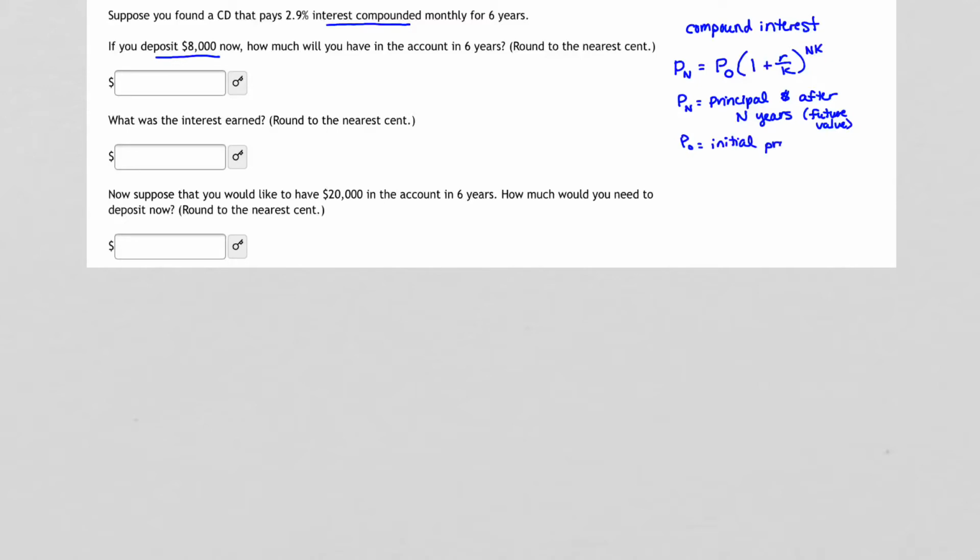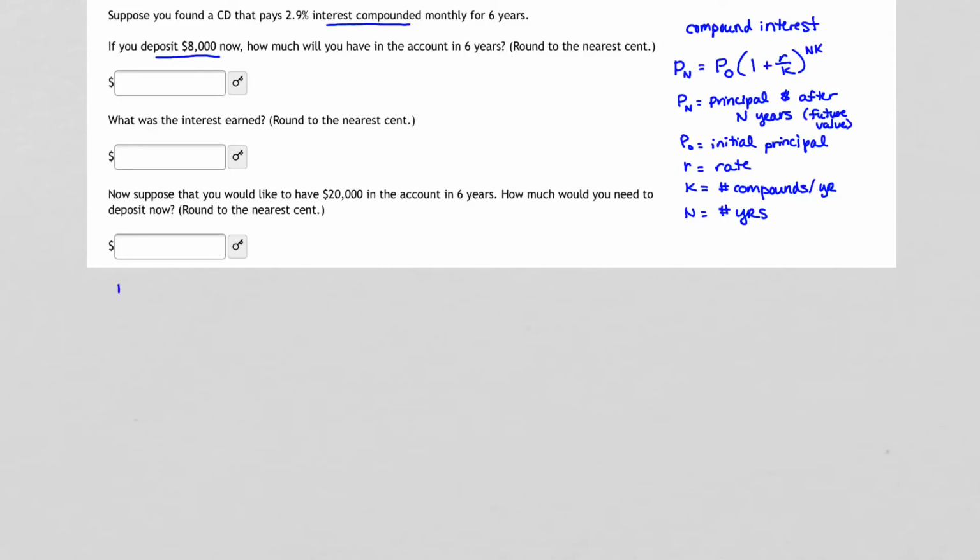That's the lump sum that we start with and we put in our account. R is our interest rate. K is our number of compounds per year. And n, that's our number of years. So based on this formula, let's see what we can do to solve this problem.